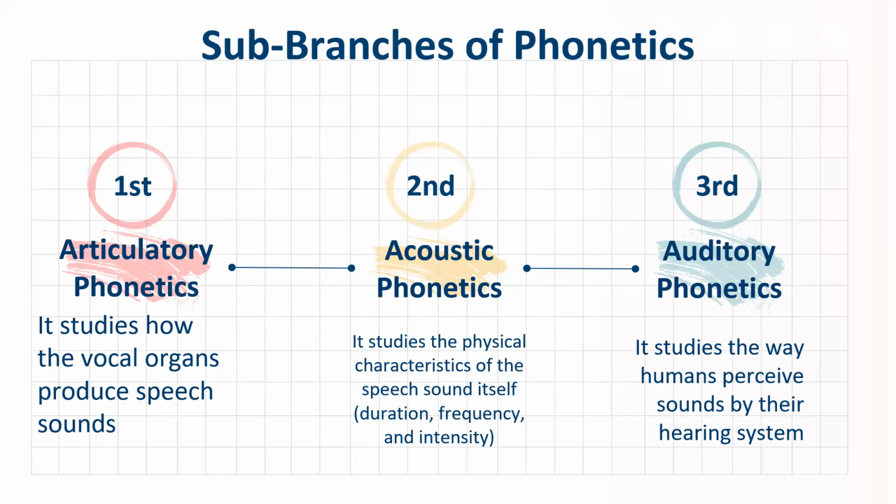Auditory phonetics is the last stage, which is the perception or the receiving of these sounds. It studies the way humans perceive sounds by their hearing system. In this stage, phoneticians study how the human ear receives the sounds that were first produced.